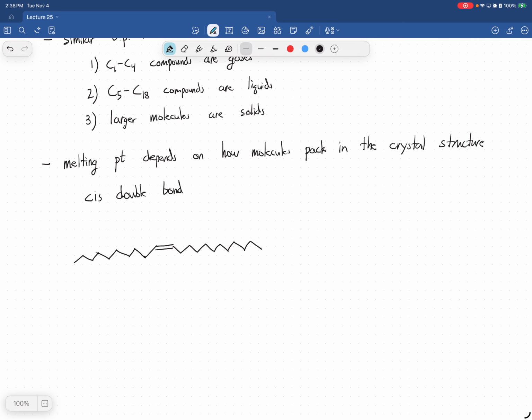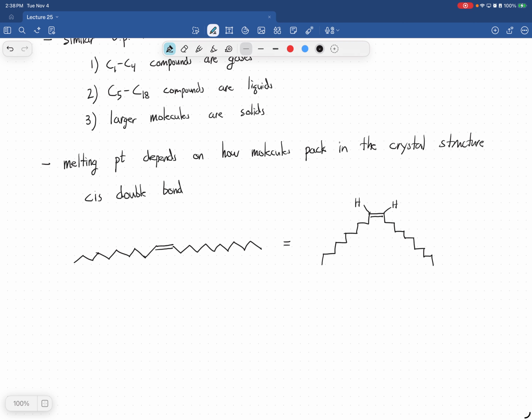So in reality, this double bond, what it actually looks like, once it's in its most stable conformation, looks like this. All right, so I'm just going to draw it. What the double bond looks like is actually a kink. It looks like it's bending inward.